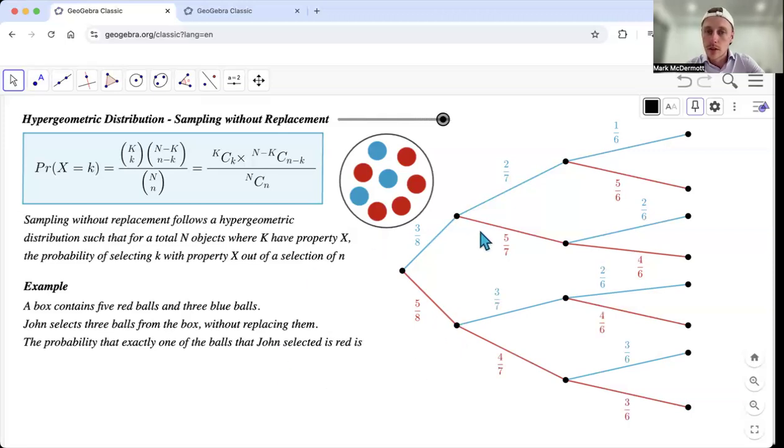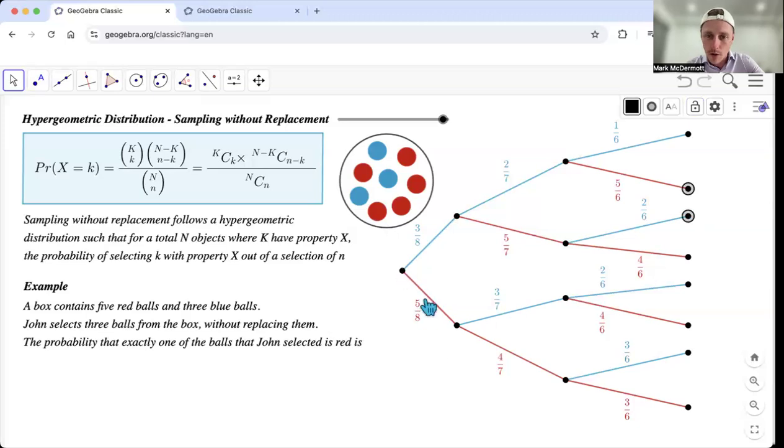Okay, so with this tree diagram, we could actually answer this question because it says the probability that exactly one of the balls that John selected is red. So using a tree diagram, you could do this. Exactly one is red. So you'd have to get a blue, blue, red. There's one option along here. Or you could go blue, red, blue. You could be there to get one red.